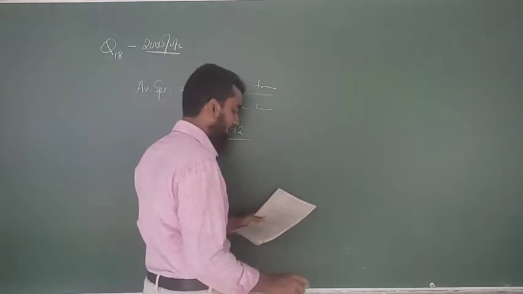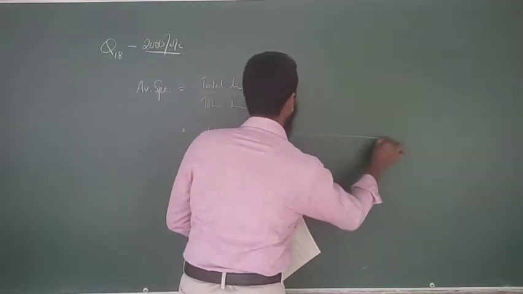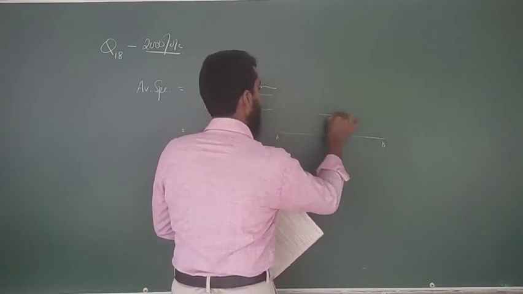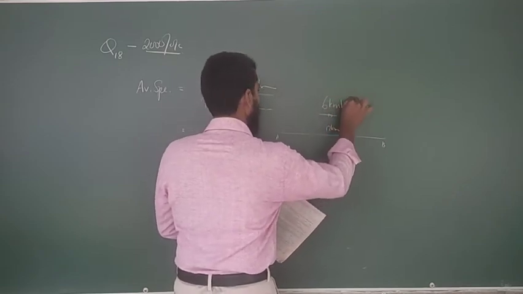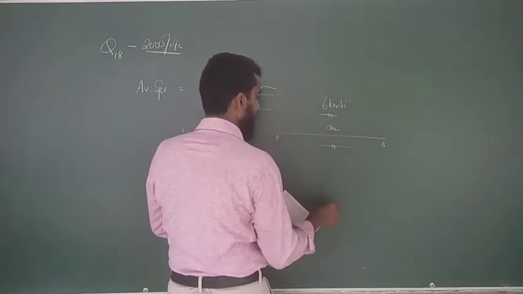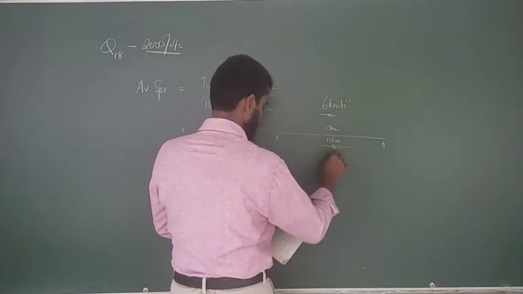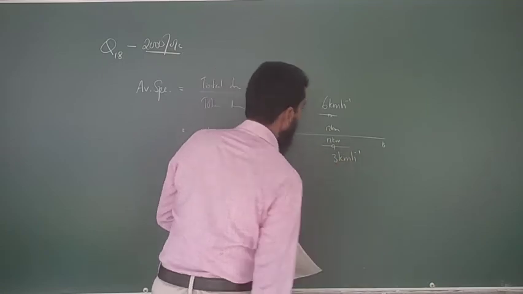The total time taken, using the data given here: for the first movement from A to B, 12 kilometers with 6 km h^-1. Again in the return motion, 12 kilometers with 3 km h^-1.